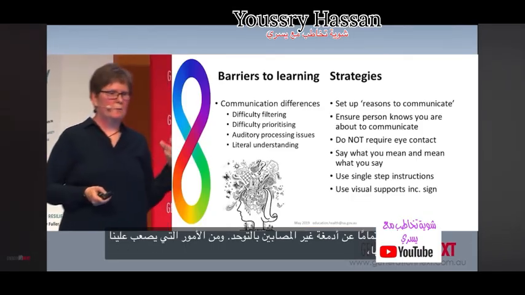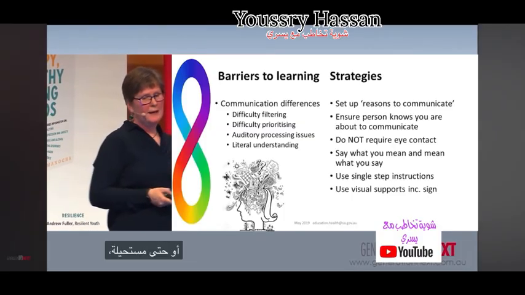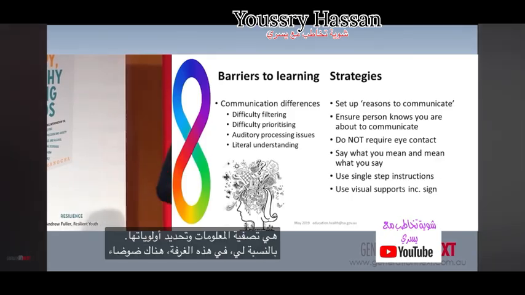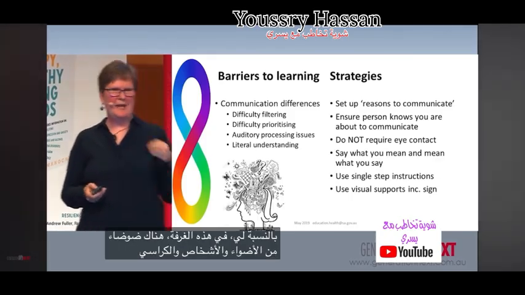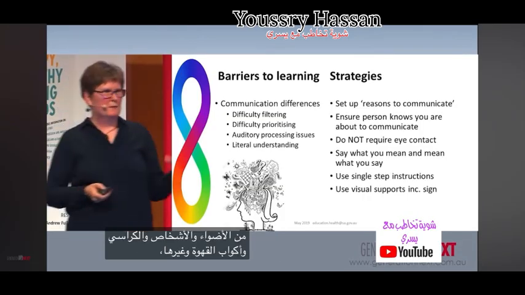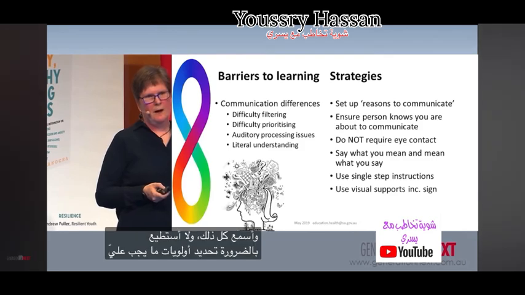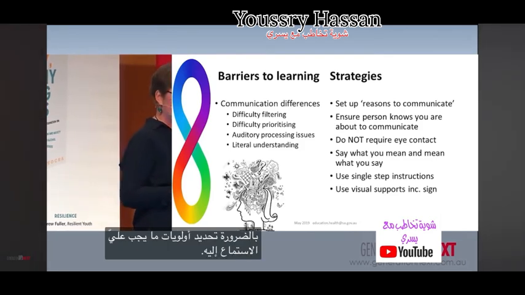And one of the things that we can't do very easily or at all is filter and prioritize. So for me in this room, there is noise from lights and people and chairs and coffee cups and all these things, and I hear all those. And I can't necessarily prioritize or filter what I'm supposed to listen to.